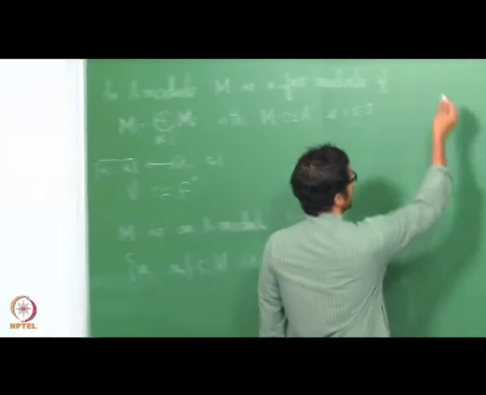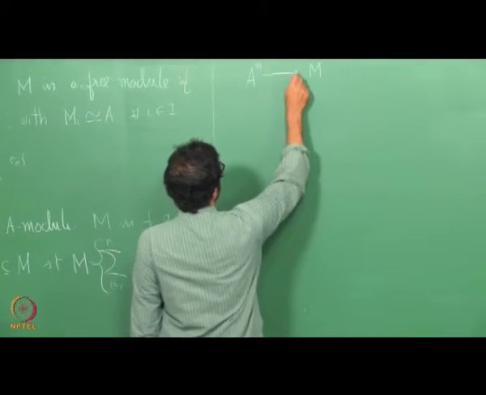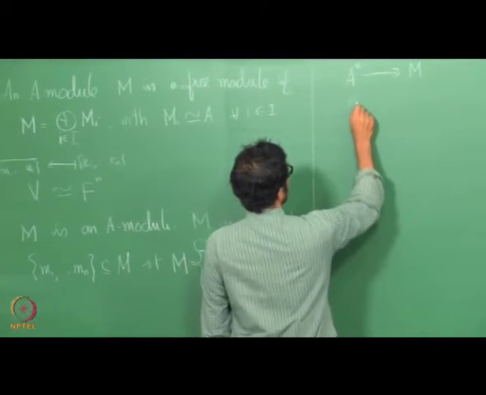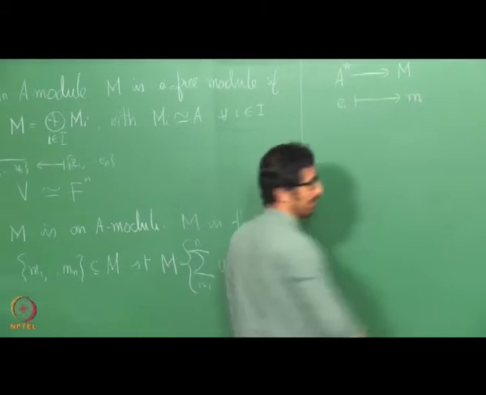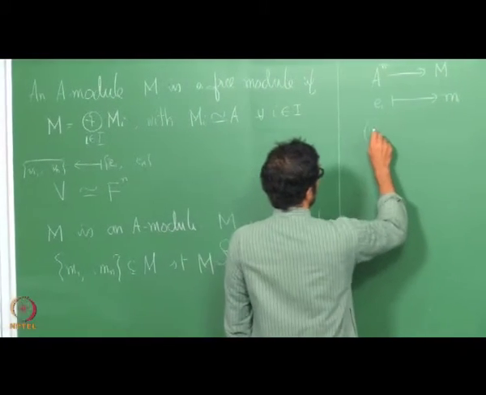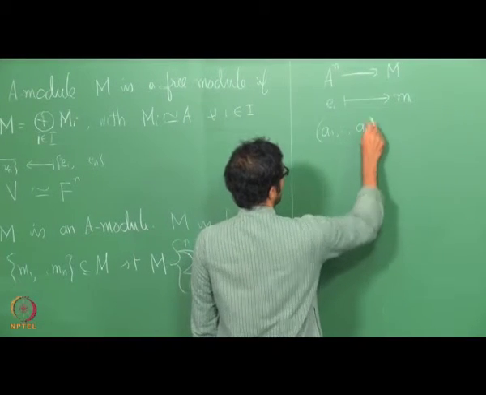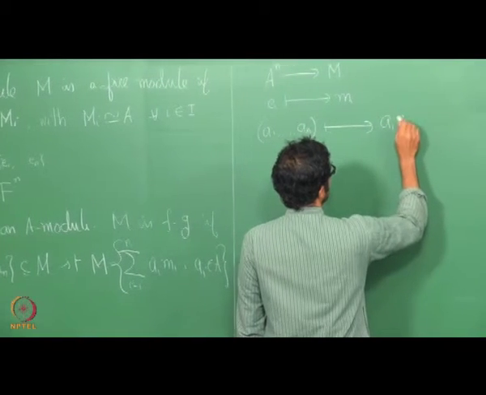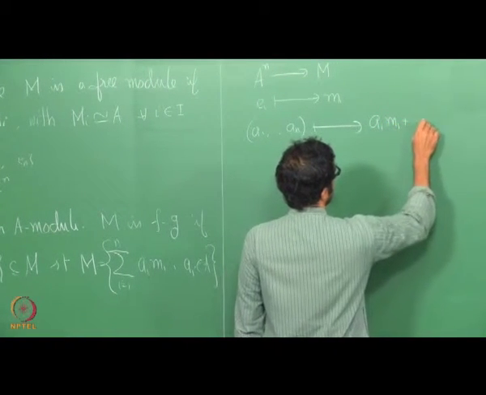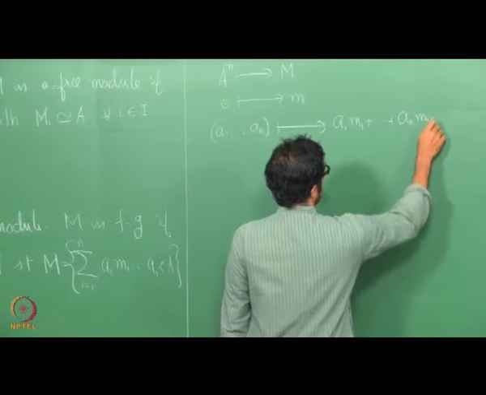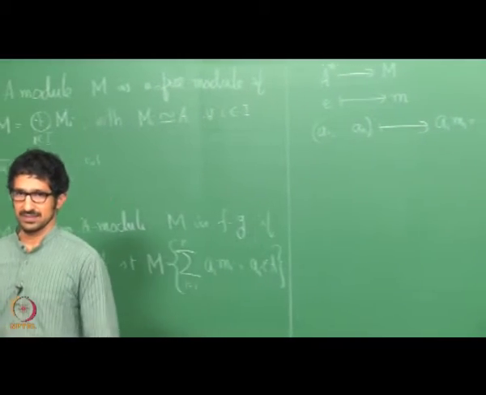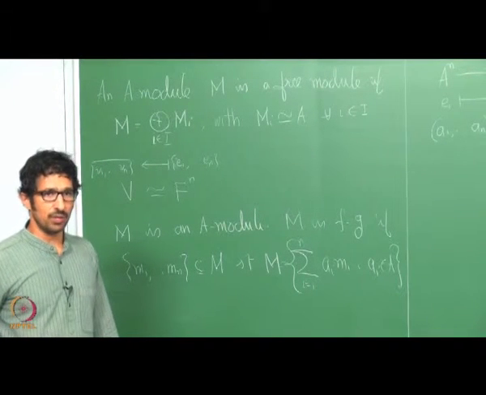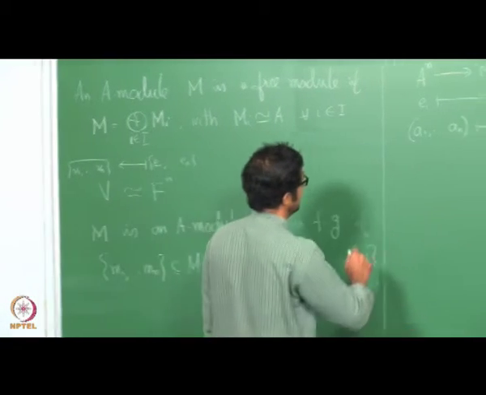So, here again similarly one can think of a map from An to M, with Ei being mapped to Mi, or in other words, if you take any n tuple, this is being mapped to A1 M1 plus etc. An Mn. This is a homomorphism. Okay.